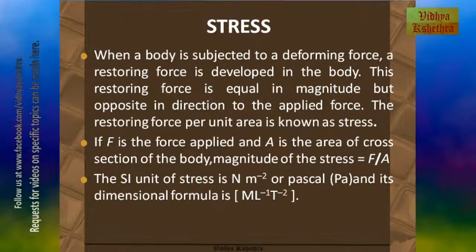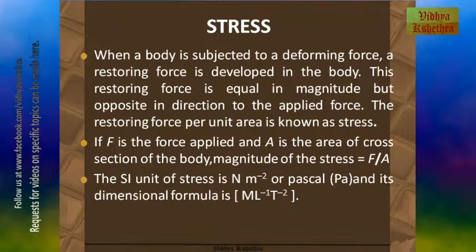Now, stress. When a body is subjected to a deforming force, a restoring force is developed in the body. This restoring force is equal in magnitude but opposite in direction to the applied force. The restoring force per unit area is known as stress.